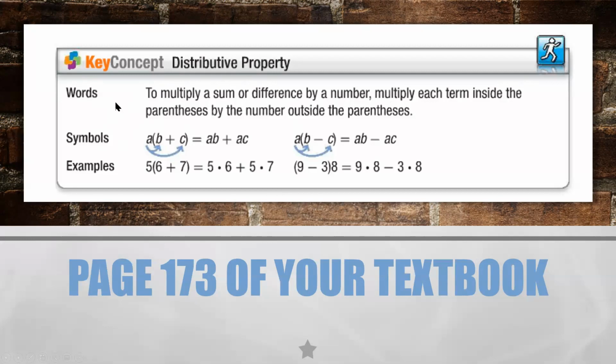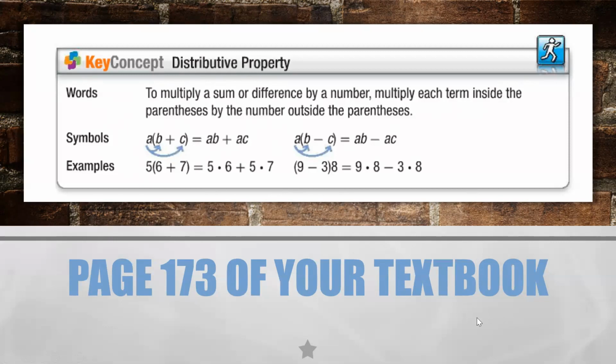So please make sure when you're using the distributive property, this one's all about the distributive property, you multiply a sum or difference by a number, okay? You're multiplying each term inside the parentheses by the number outside the parentheses, okay?